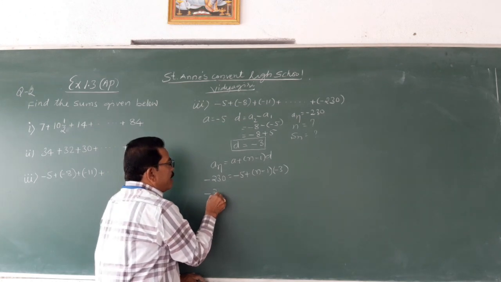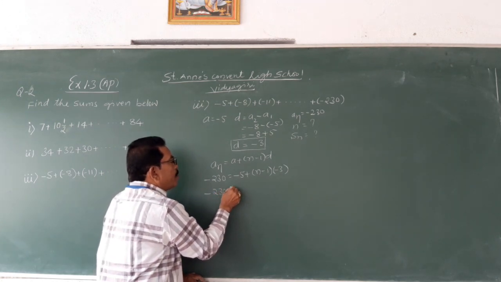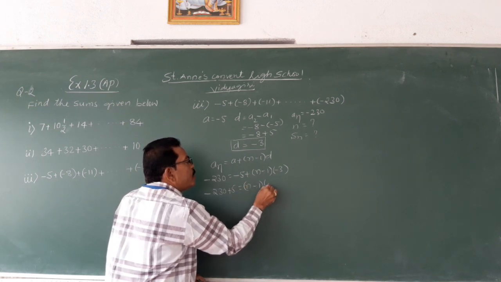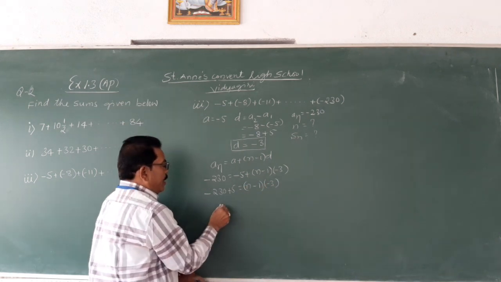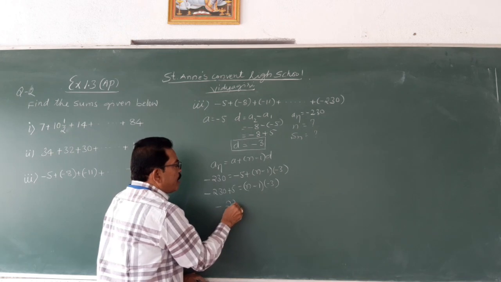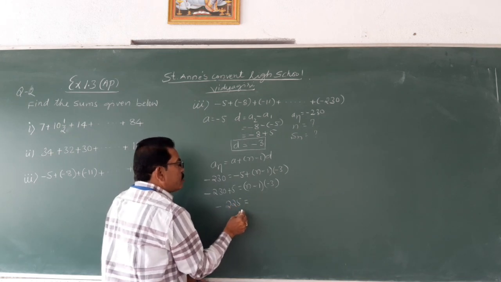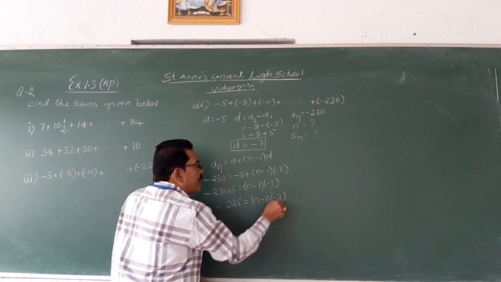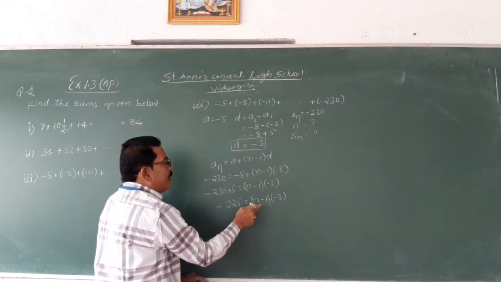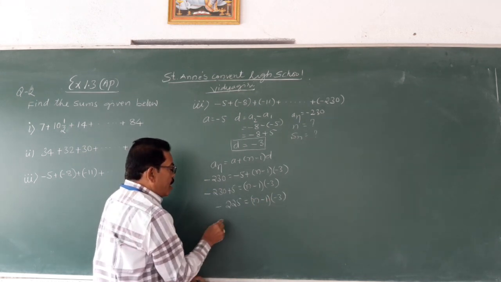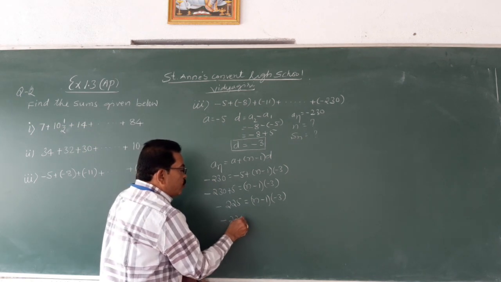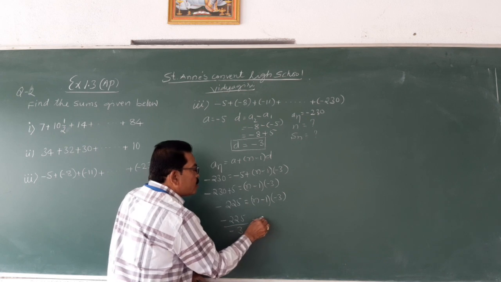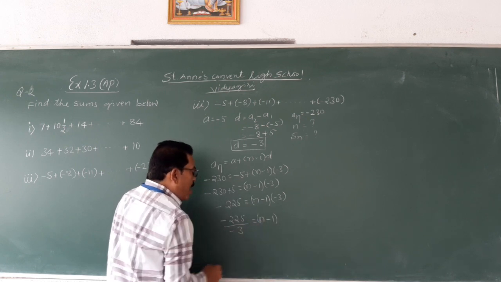Minus 230 plus 5 equals (n minus 1) into minus 3, that is minus 225 equals (n minus 1) into minus 3. Here minus 3 is the coefficient of (n minus 1). So minus 225 divided by minus 3 equals n minus 1.